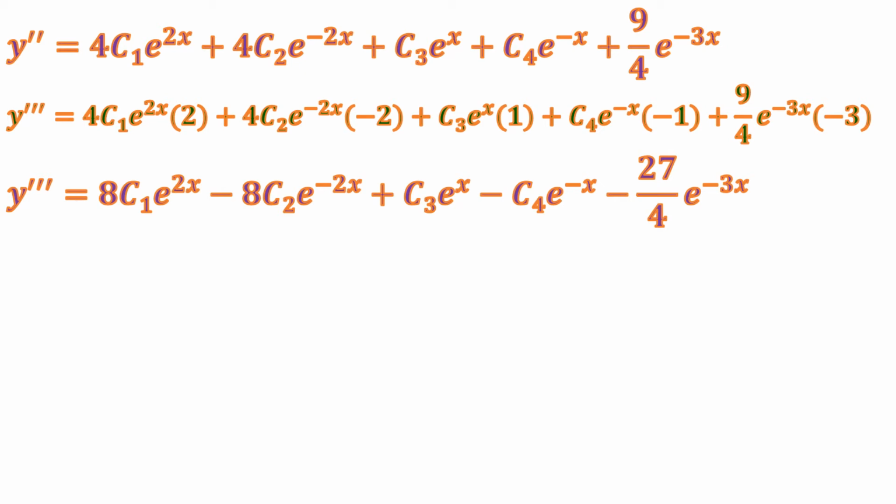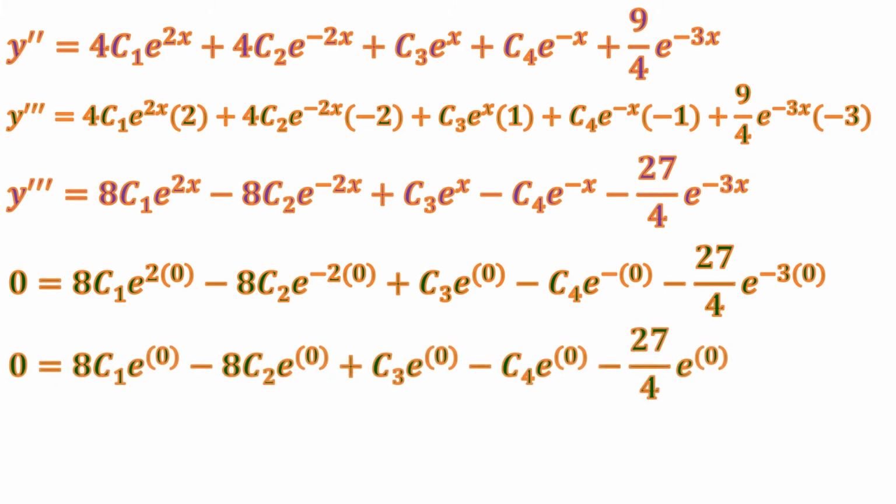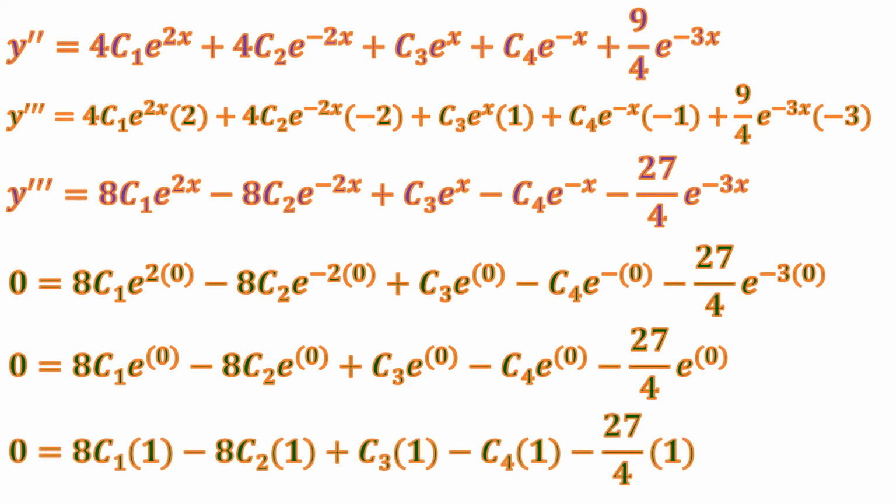And then we are going to substitute based on the given initial conditions, where if x is 0, then the y triple prime is 0. So let's multiply all the numbers with 0. It becomes also 0. So every e to the power will be to the power of 0. And then those e to the 0 will become 1. So any number to the power of 0 is 1.